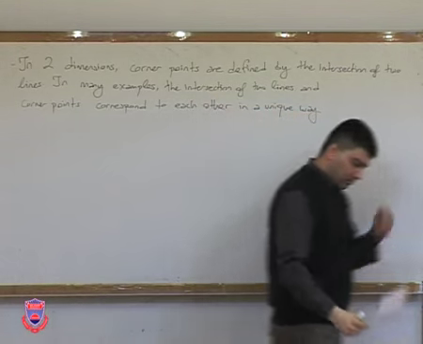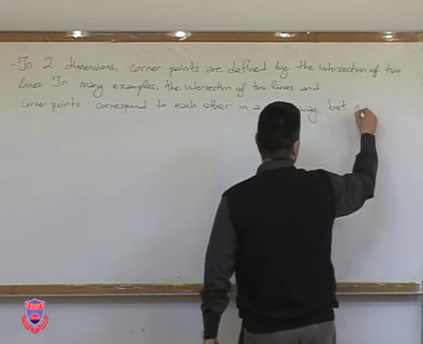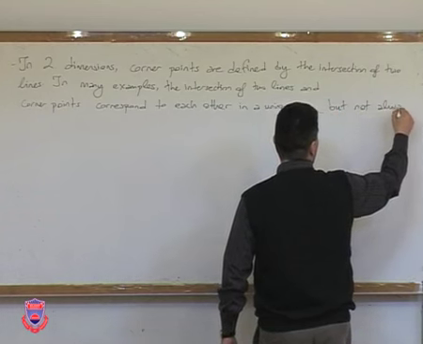I'm going to explain what I mean by this. In other words, usually there's a one-to-one correspondence between each corner point and the intersection of two lines. So the number of corner points is the same as the number of intersections of two lines in your feasible region. But this is not always the case.